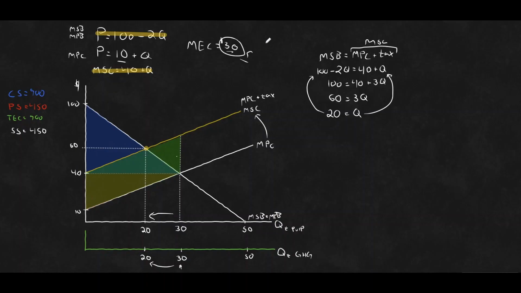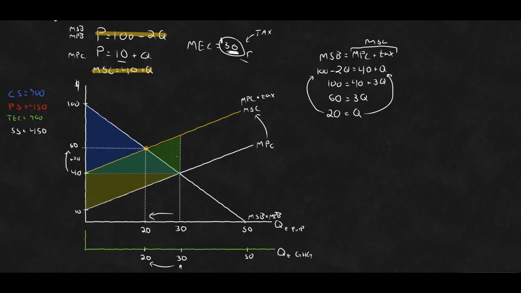What I want you to keep in mind, though, is that we set a tax equal to that marginal external cost. So we set a tax equal to 30, and as a result, the price that we pay only went up by 20. What happened to the other $10 of this tax?